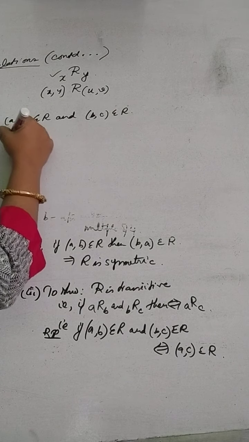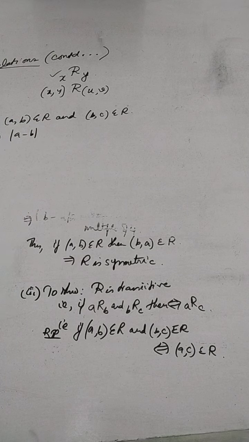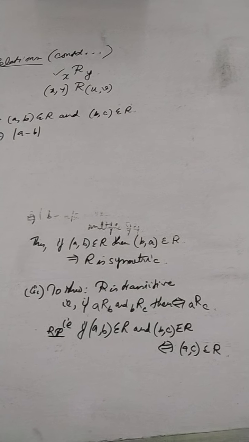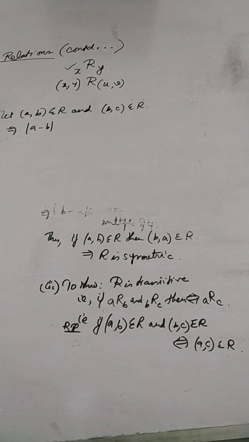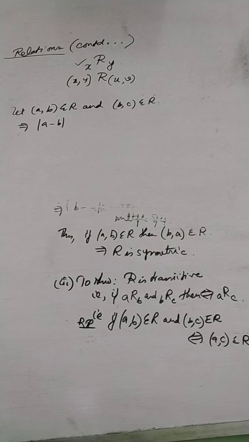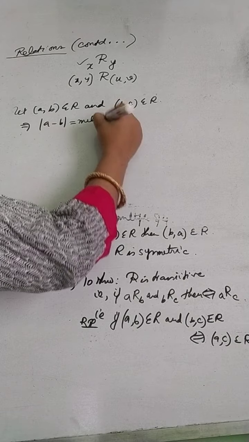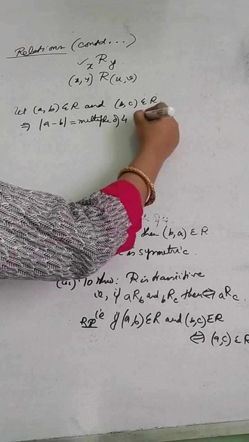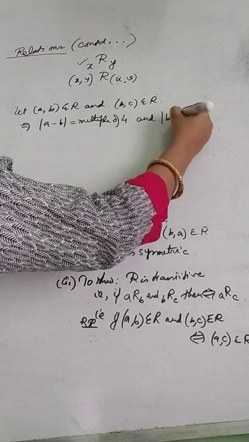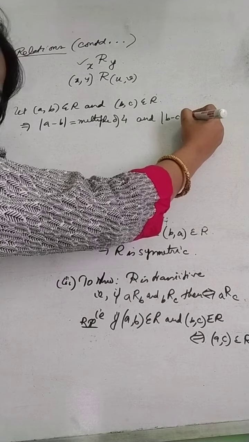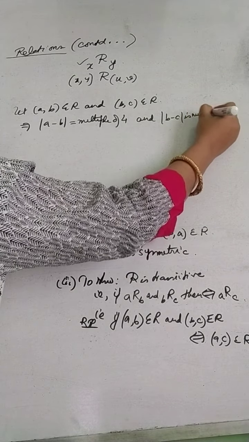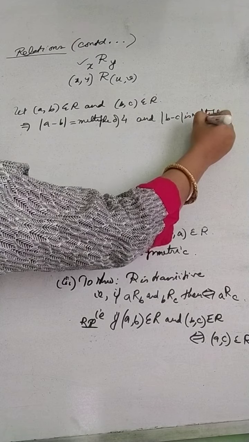This means that mod of A minus B, I hope you can see, yes you can, will be a multiple of 4 and mod of B minus C is also a multiple of 4.